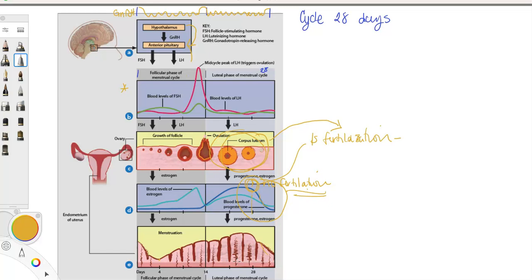Okay, so I'm sure there's a graph like that in your textbook, but that's basically what's happening through the hormonal regulation of the cycle.